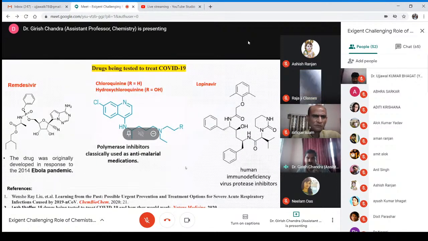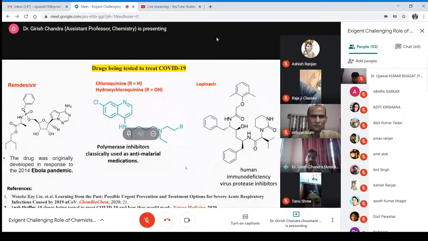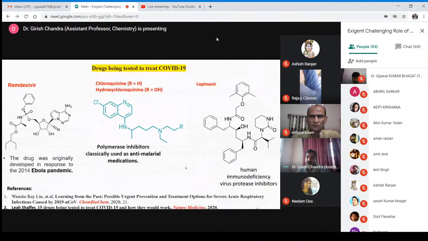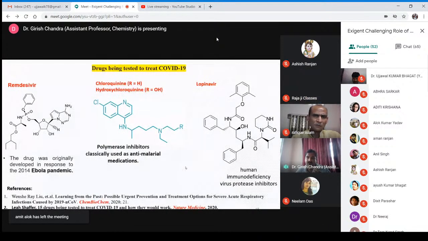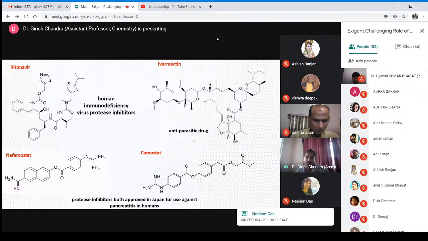both speakers already mentioned the use of these drugs in the present scenario. The most significant one I want to mention is ivermectin. Ivermectin is used as an anti-parasitic drug. This is a very common drug, and I hope most people used this drug during their childhood.